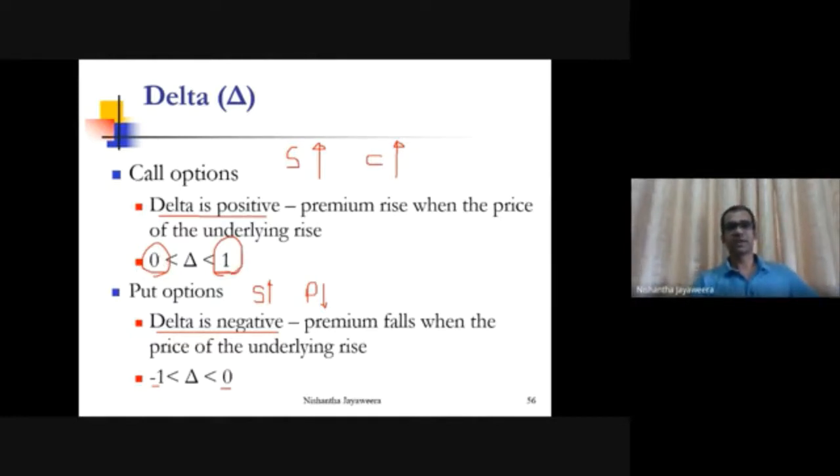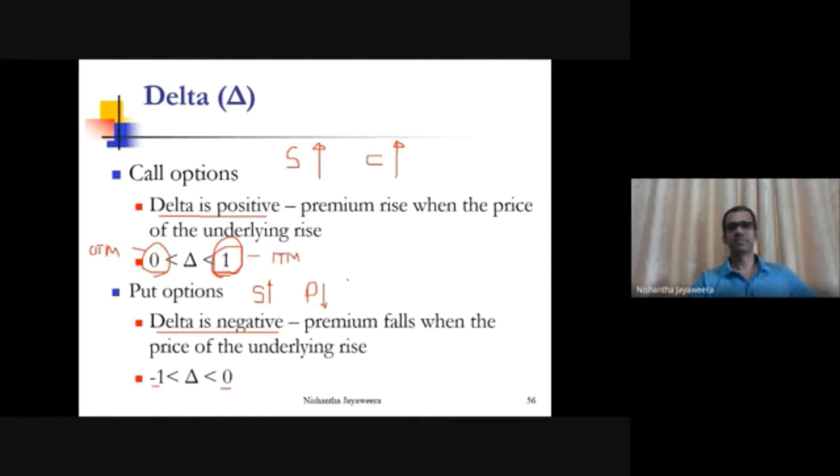But for an option which is deep in the money, that matters. For a $1 change, the value of the call option also increases by $1. So delta is 0 when it is deep out of the money, and 1 when it is deeply in the money.